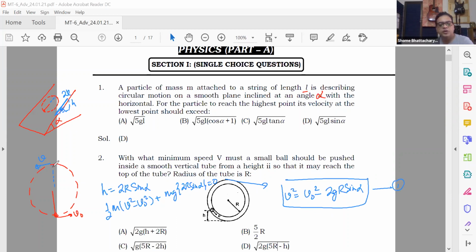Now at the topmost point, the tension should be greater than or equal to 0. So how will we understand the tension? The force acting along this direction will be mg sine alpha. It's like this.